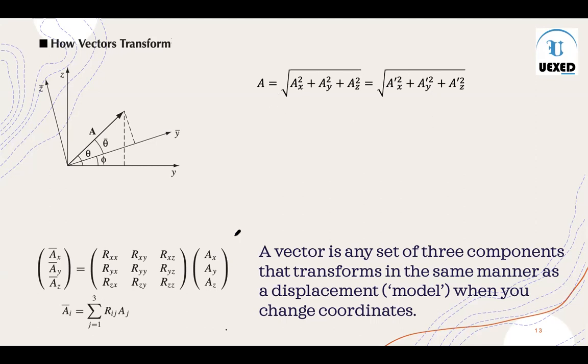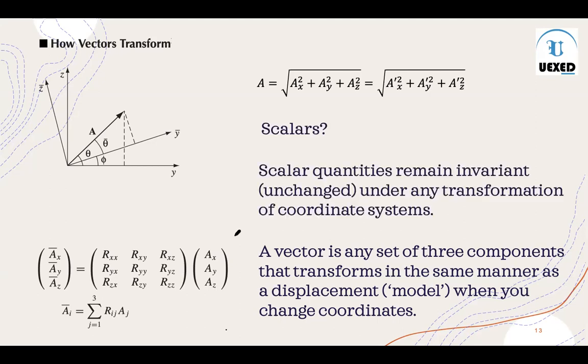So when we say scalar, generally we say it means just a magnitude, but now we can say that a scalar quantity remains invariant, meaning unchanged, under any transformation of coordinate systems.